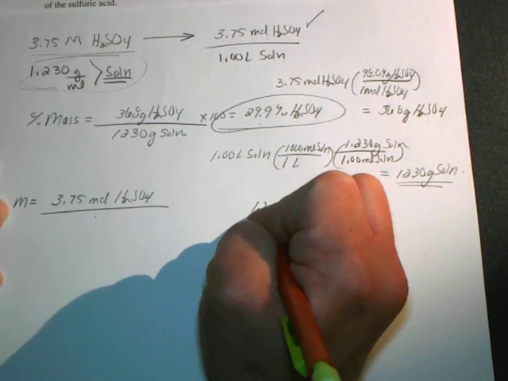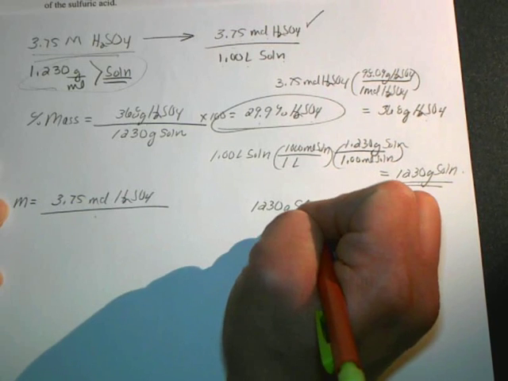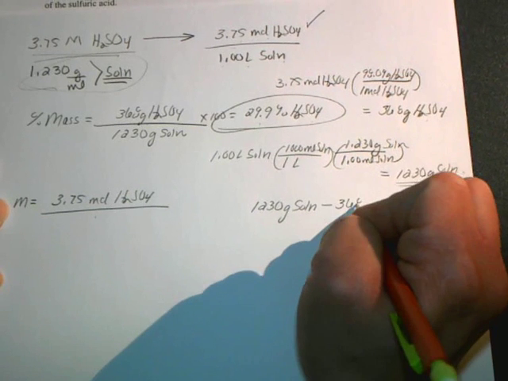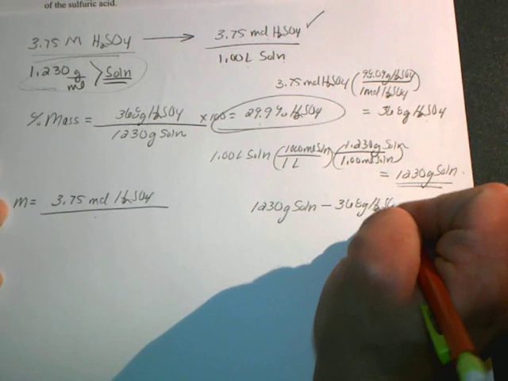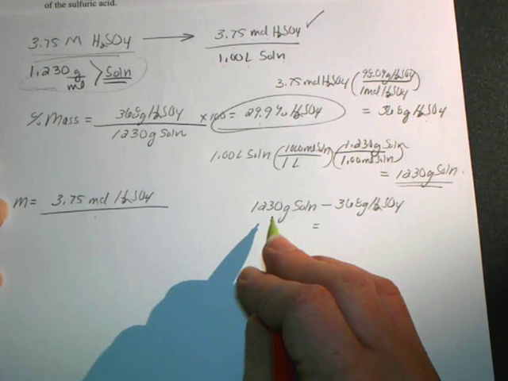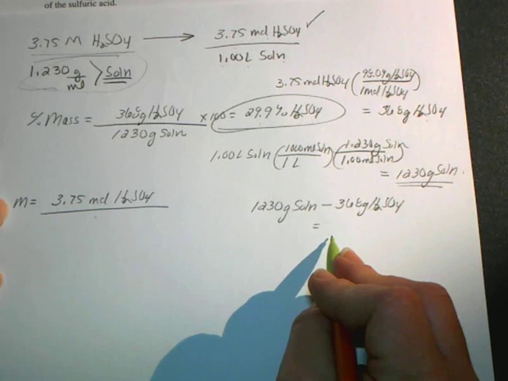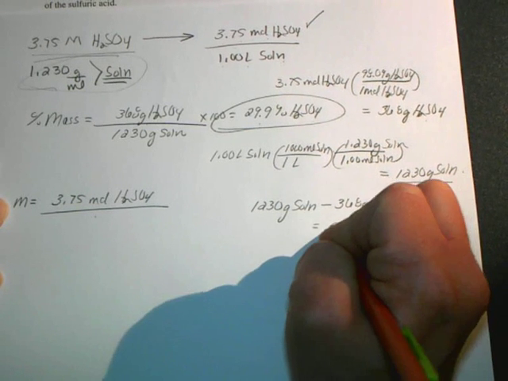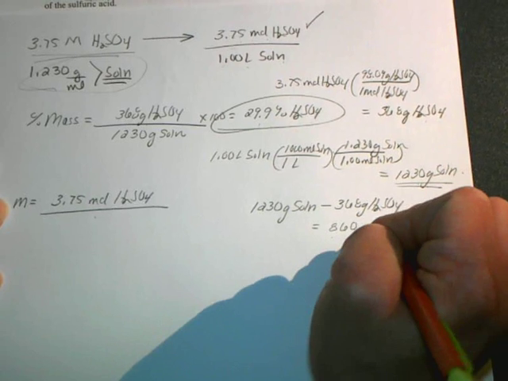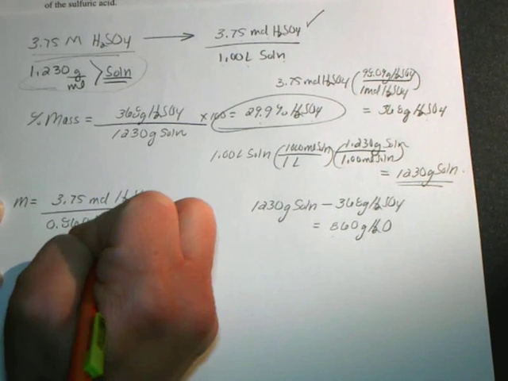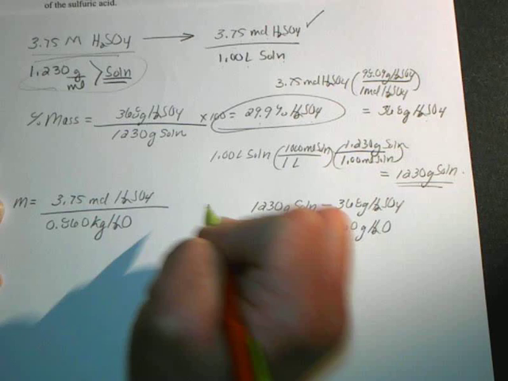So if I take my 1230 grams of my solution, which is my solute and solvent, subtracting away the mass of my solute, then we get, be careful with sig figs, I am only allowed to report with significance to the tens place, so we will get 860 grams of water, which would be 0.860 kilograms of solvent.